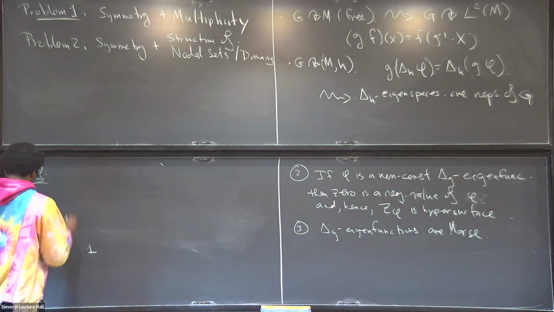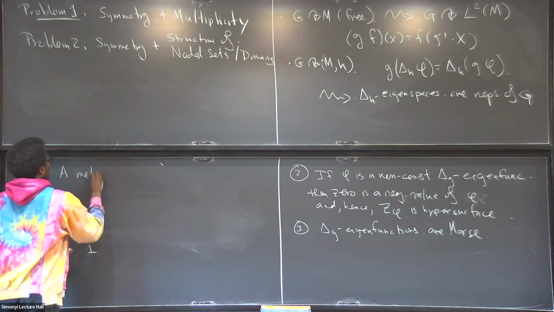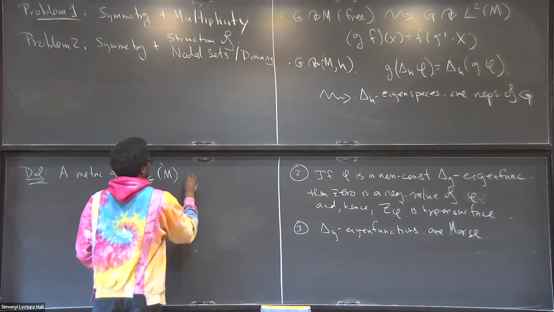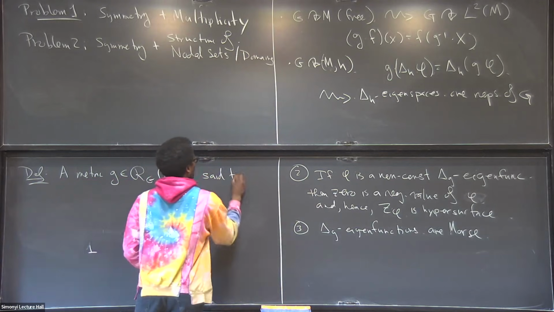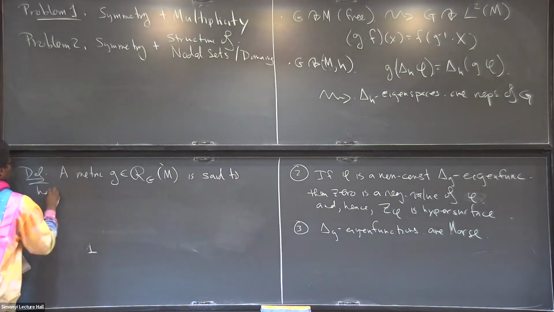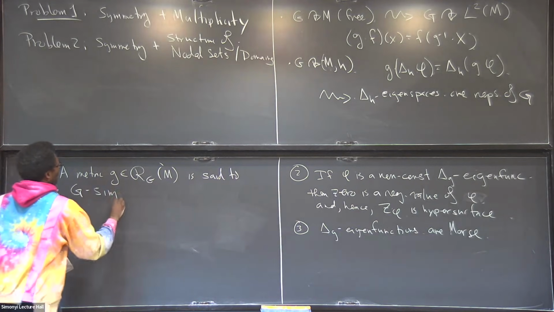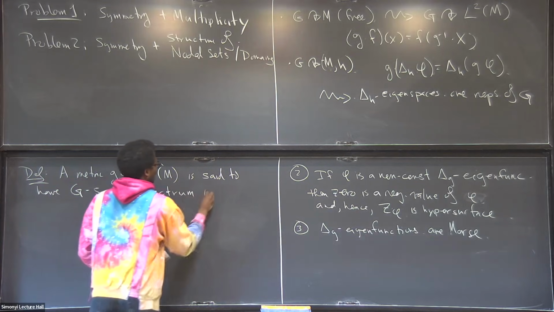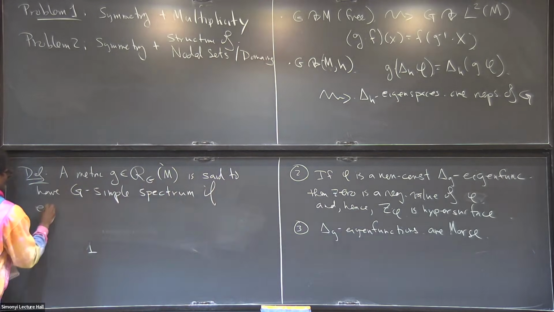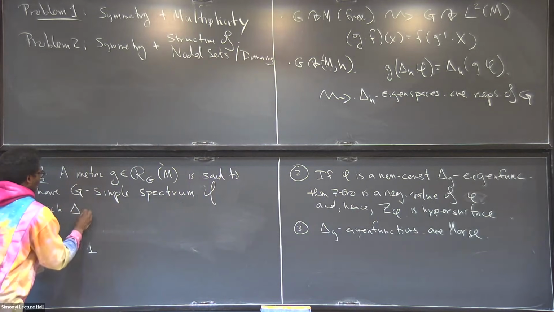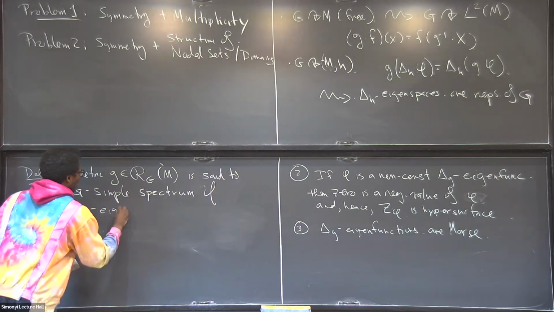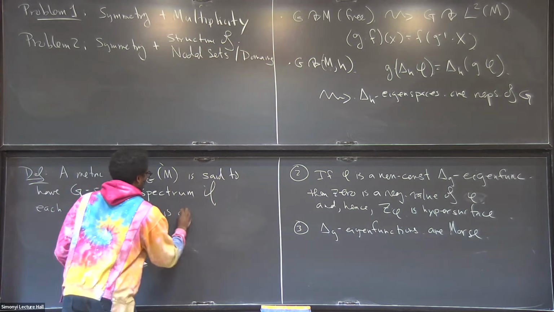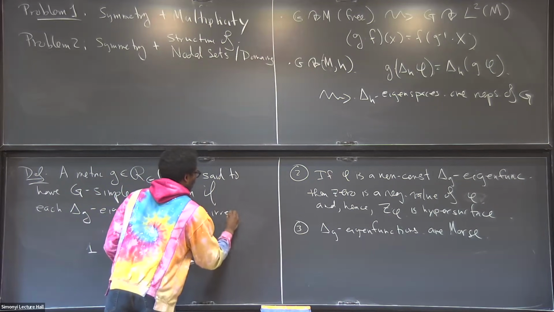So it's a definition. A metric that's G-invariant is said to have G-simple spectrum, or G-simple Laplace spectrum, if each eigenspace is a G irreducible representation.